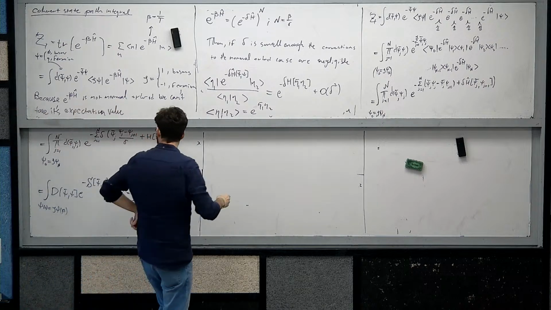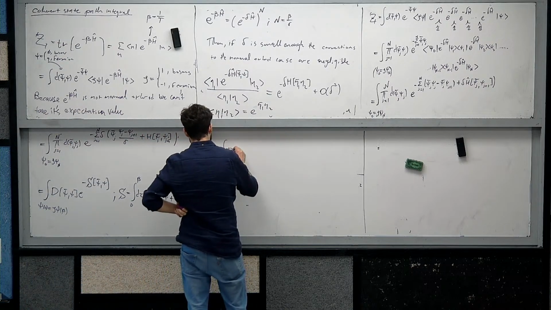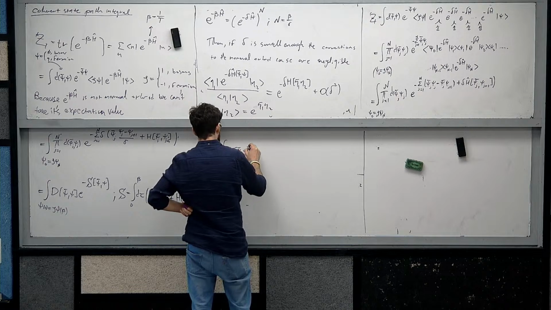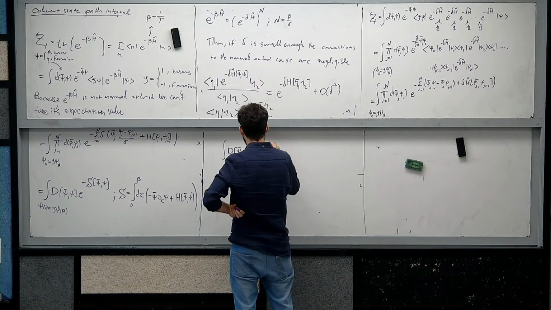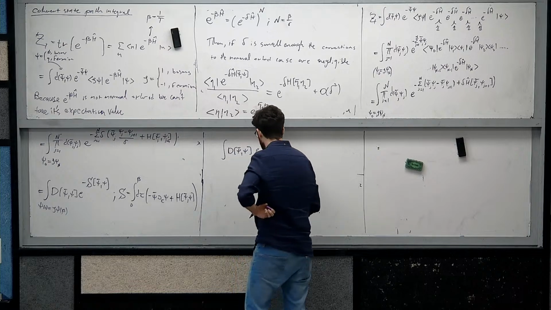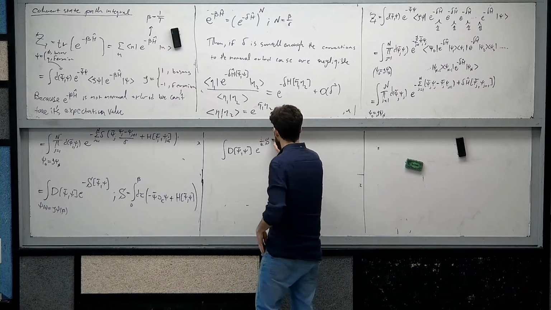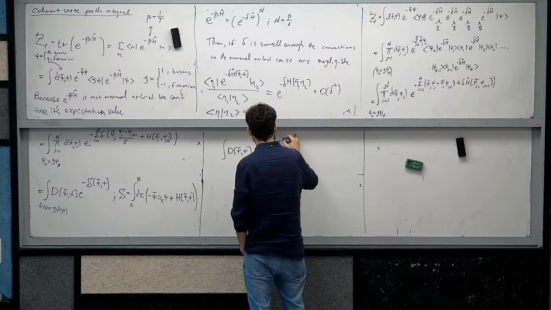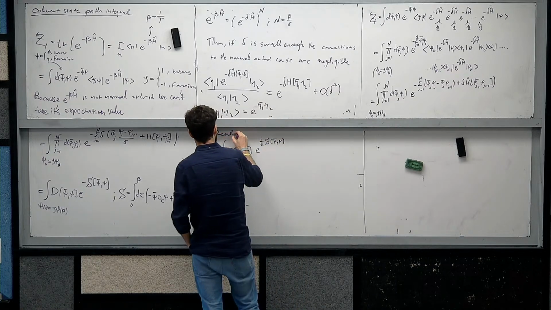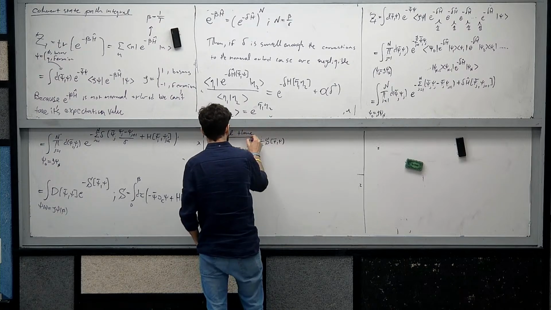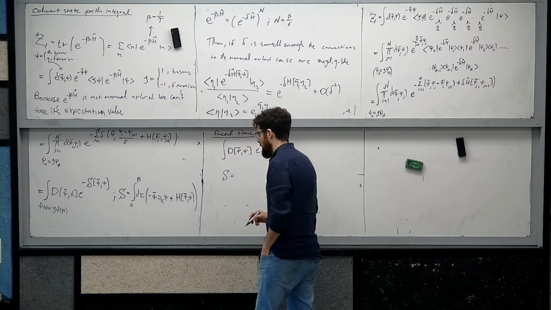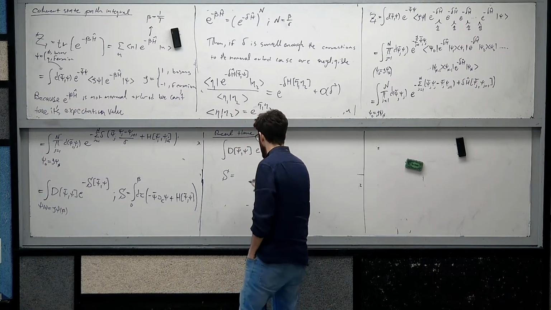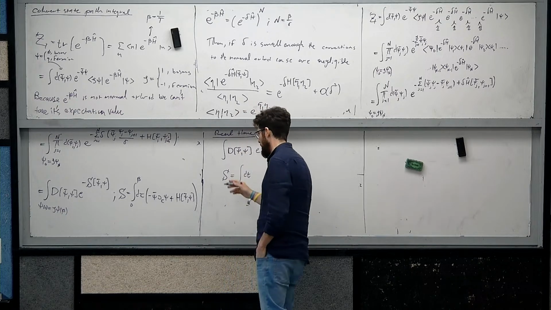If I would do a real time integral, I should have e to the i over h bar S of psi bar and psi, where S would be an integral over dt, which I'm not specifying.